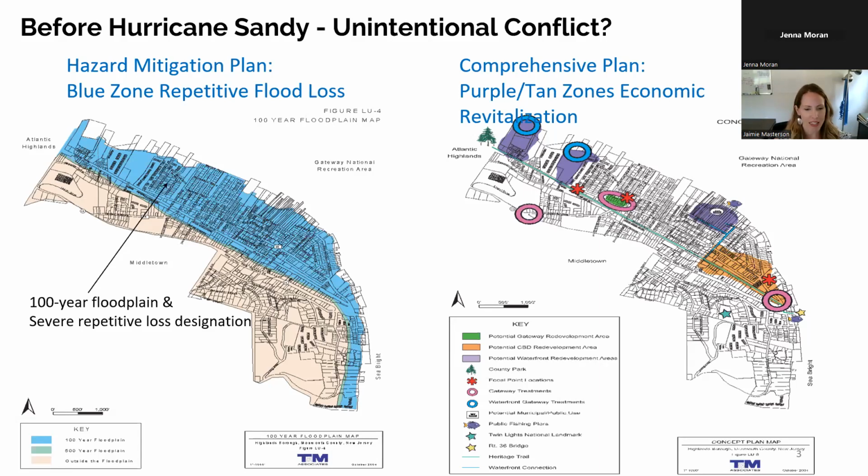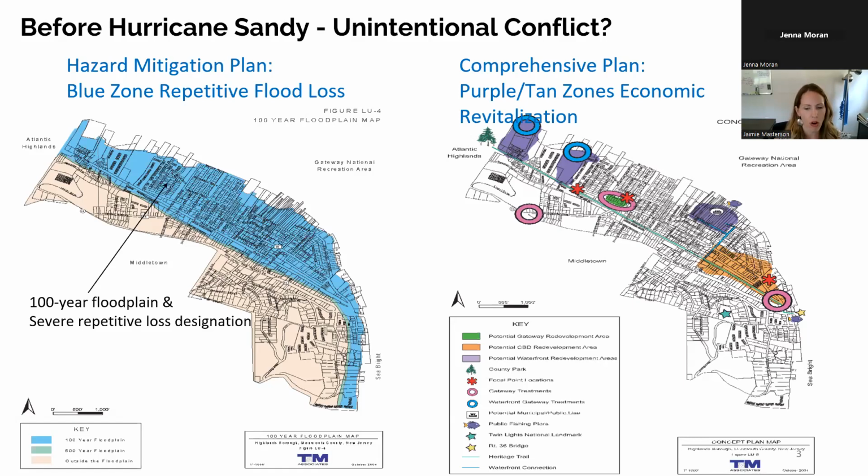But then as a city planner, he opened the comprehensive plan and soon found that the comprehensive plan or master plan for the community was not talking about hazards at all, didn't seem to consider it at all in their own planning efforts.